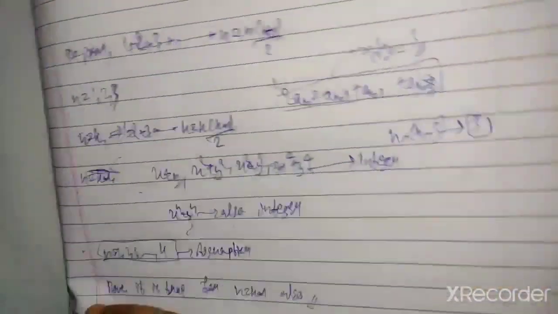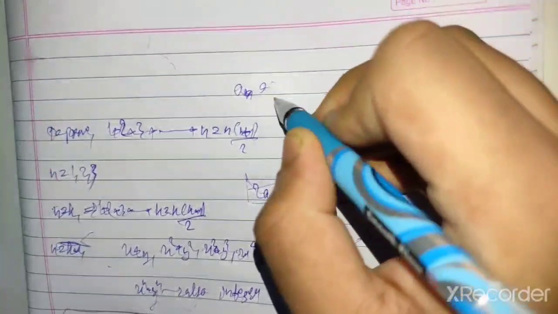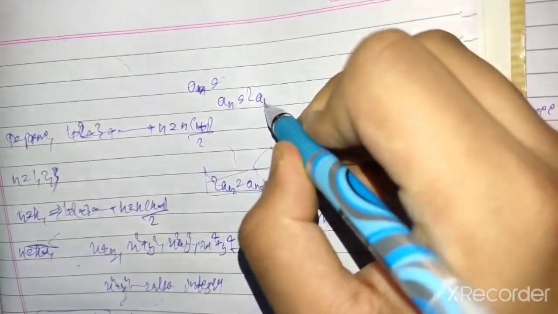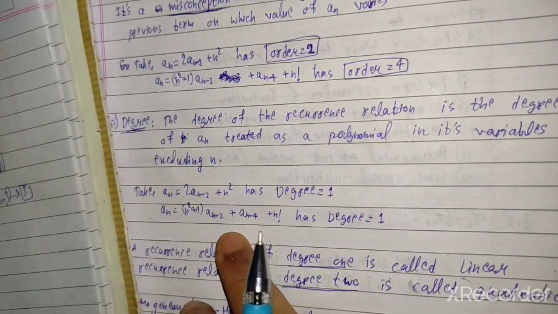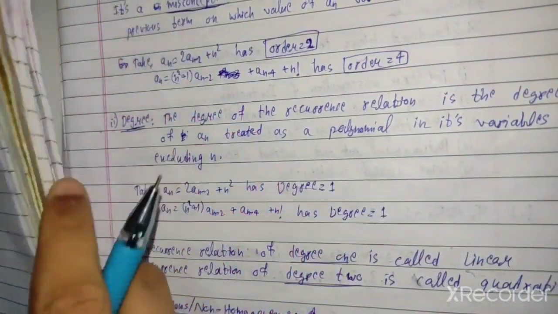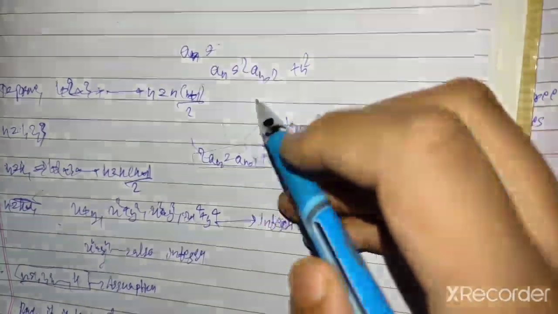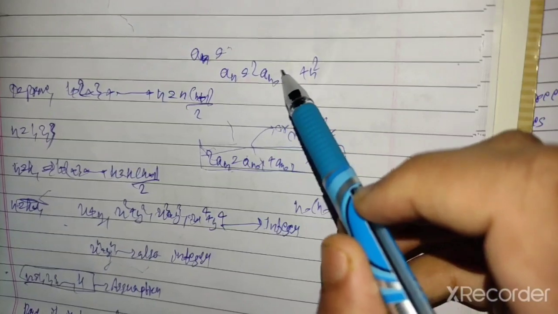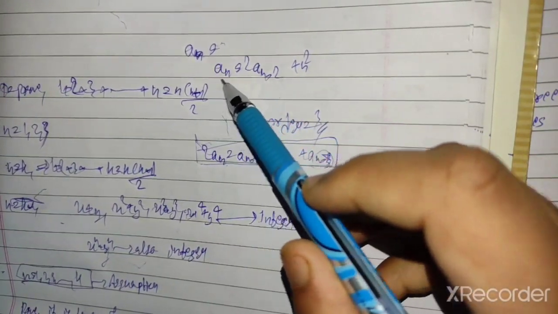Here, it was given to us something like this: a_n is equal to 2a_{n-2} plus n square. So here, degree basically treats each a_n, that is a subscript, as some variable polynomial, let's say x.